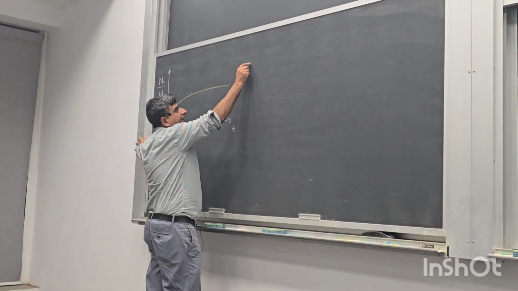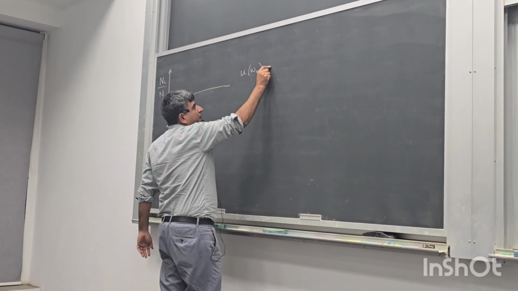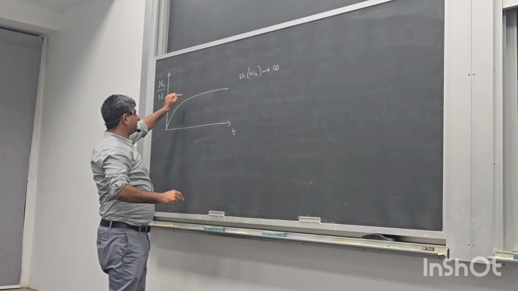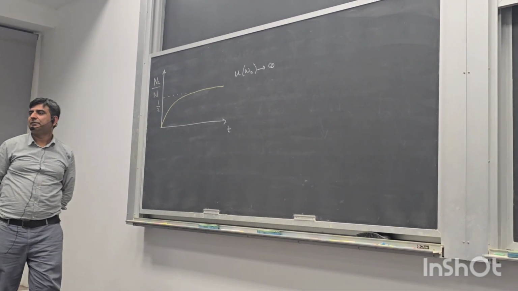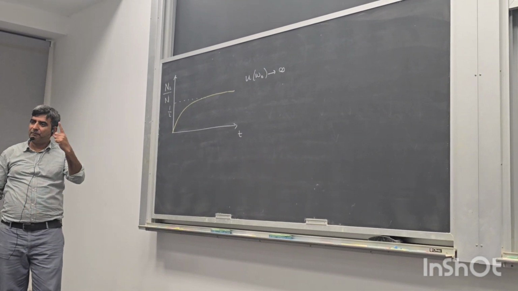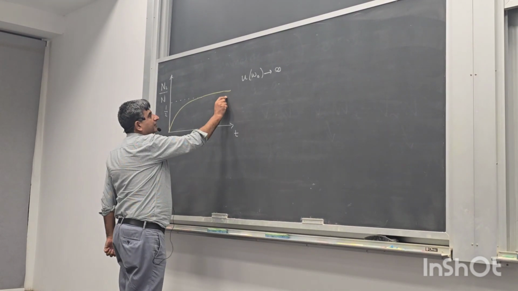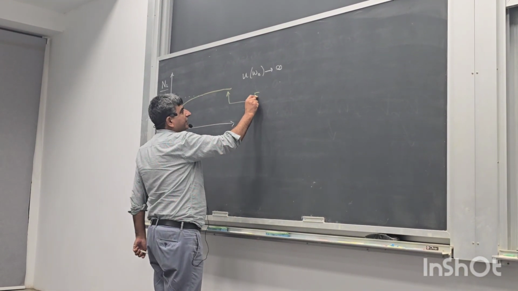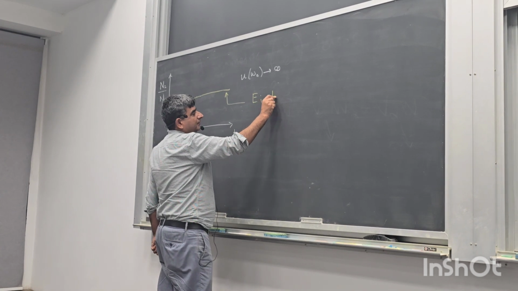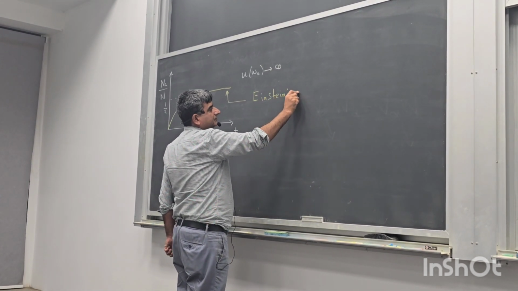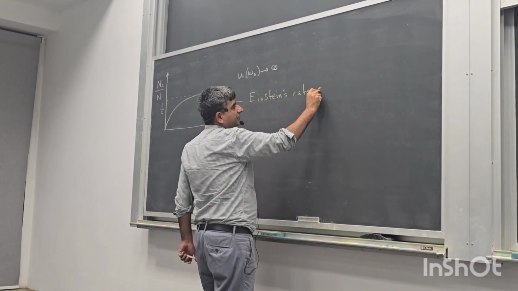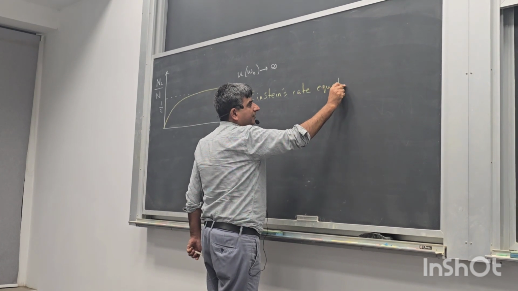If the energy density at omega naught approaches infinity, then this maximum value is 1/2. Homework number 1, question number 1. So this is from Einstein's rate equations. That's at best what you could achieve.